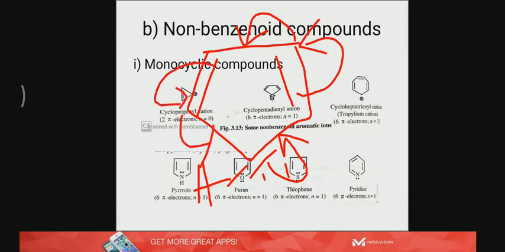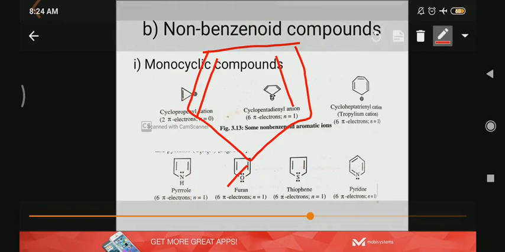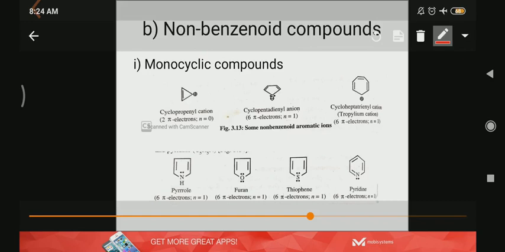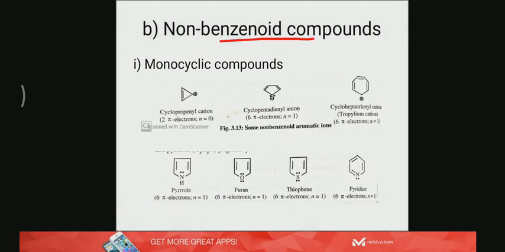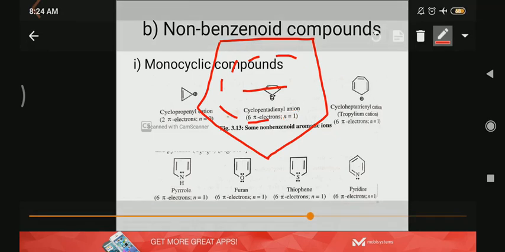That means there is complete cyclic delocalization here. So this cyclopentadienyl anion is aromatic due to these reasons. We can draw this complete cyclic delocalization like this. There's a negative charge which is delocalized all over the carbons. So this is the resonance structure of cyclopentadienyl anion. It is aromatic. Now you can easily understand all other examples in a similar fashion.